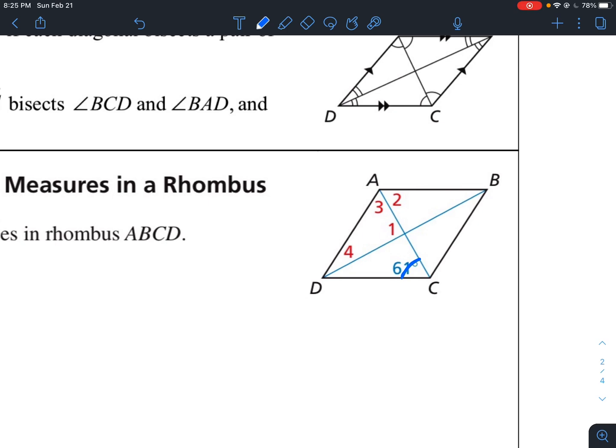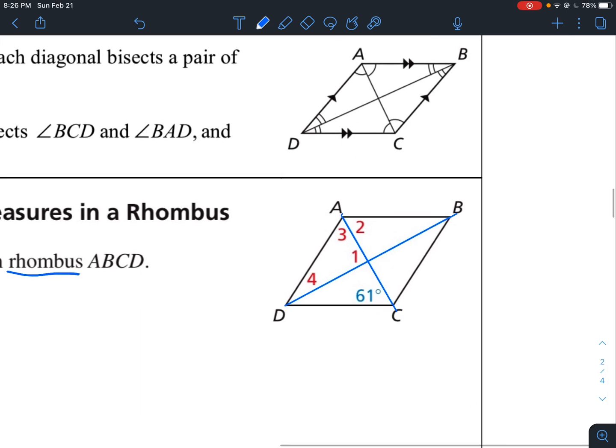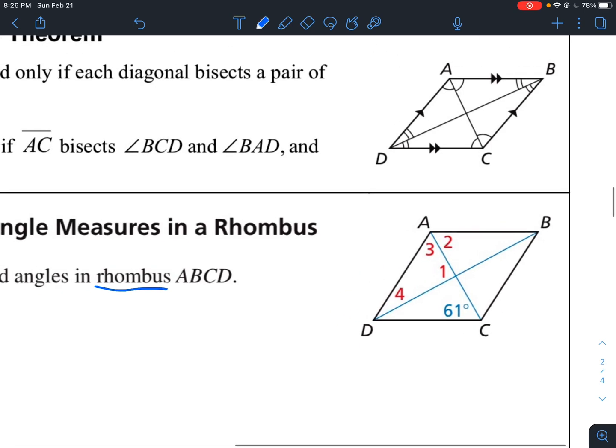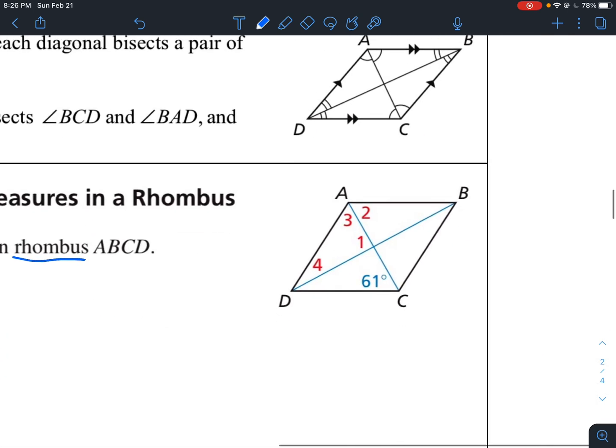What we do know is that we have these diagonals, right? So here's a diagonal and here's a diagonal, and it also said that this is a rhombus. So if this is a rhombus, that means these sides are all congruent with each other. That also means from the rhombus diagonals theorem, these angles created from the intersecting diagonals are 90 degrees.